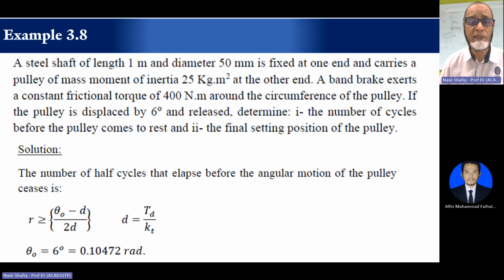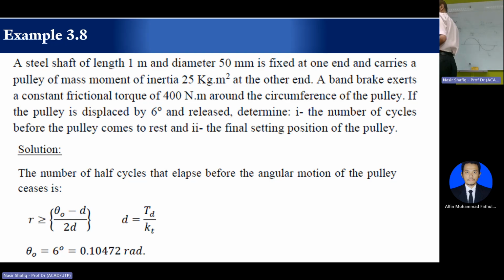So the number of half cycles that elapse before the angular motion of the pulley ceases. Because the pulley motion is angular, when the pulley ceases, that is the number of half cycles that elapse before angular motion of the pulley is ceased.